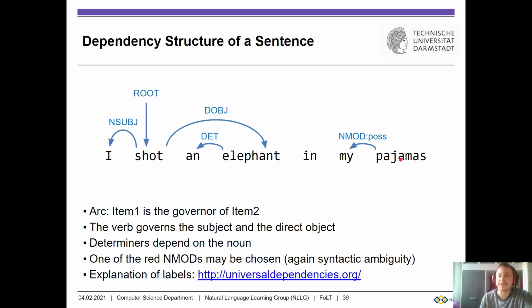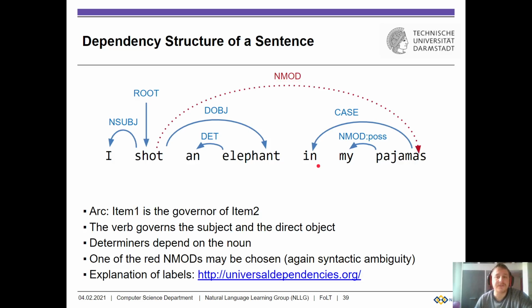Then we have that pajamas is governing the pronoun my. It's also governing the preposition in. And then we have two possible options. The first option is that the shooting is governing the pajamas with the relation of a modifier. So the shooting happens in my pajamas.